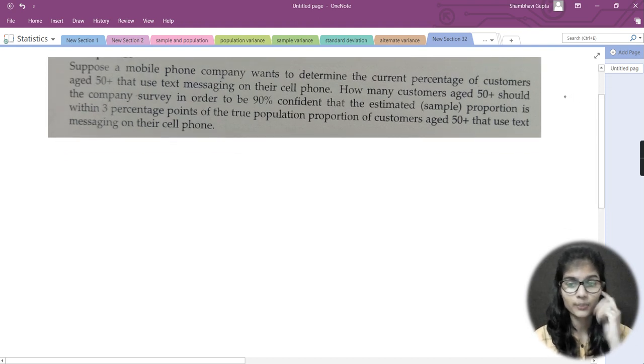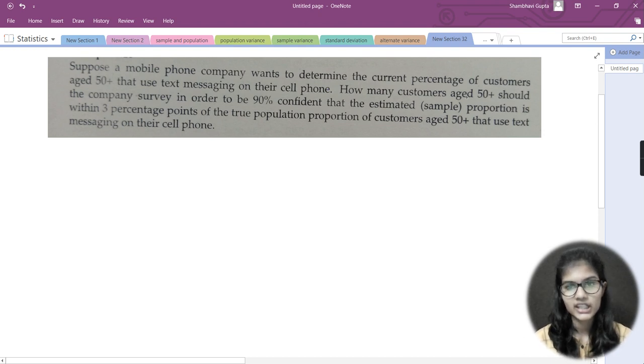My question says that suppose a mobile phone company wants to determine the current percentage of customers aged 50 plus that use text messaging on their cell phone. So it wants to determine the current percentage of customers.